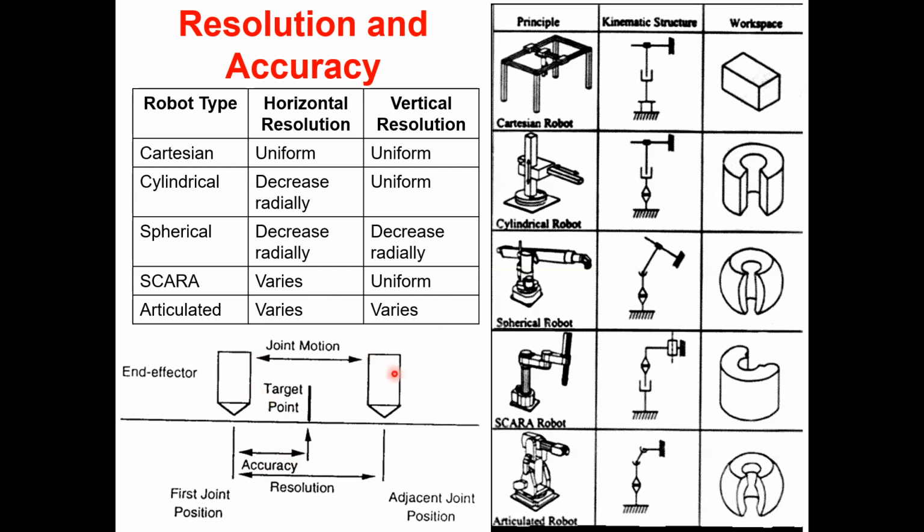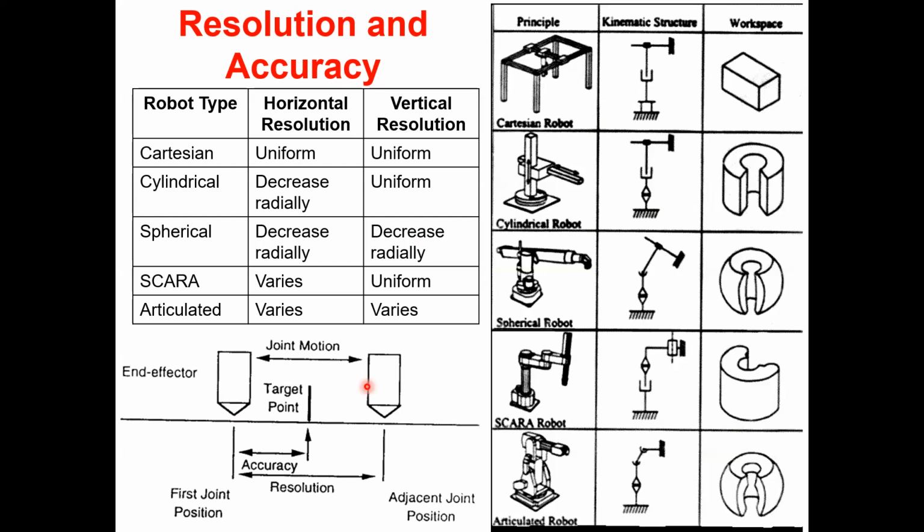Now here in this illustration, you can see again something very important for positioning machines like manipulators: the accuracy and resolution. Now, let's say this is your end effector, in two consecutive positions.